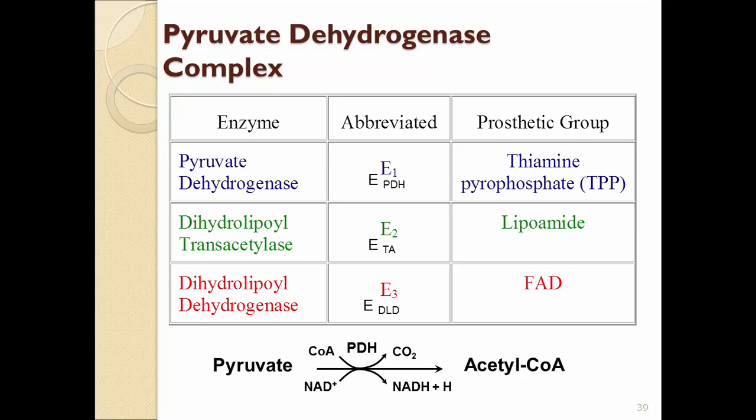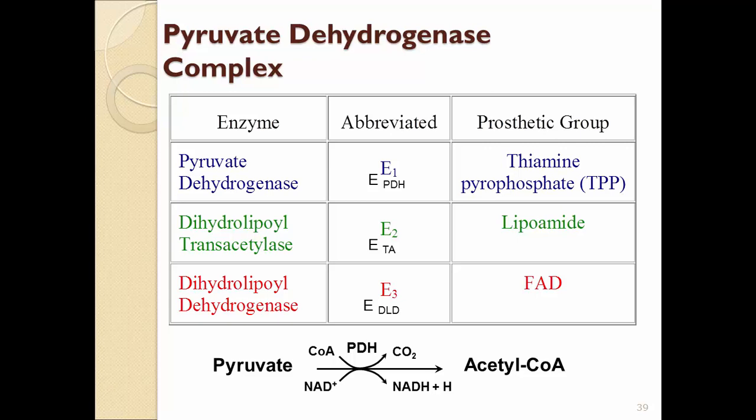This reaction occurs in the mitochondria and is catalyzed by the pyruvate dehydrogenase complex. Complex means this enzyme consists of multiple enzymes, here actually three enzymes, that work together to catalyze the whole reaction.